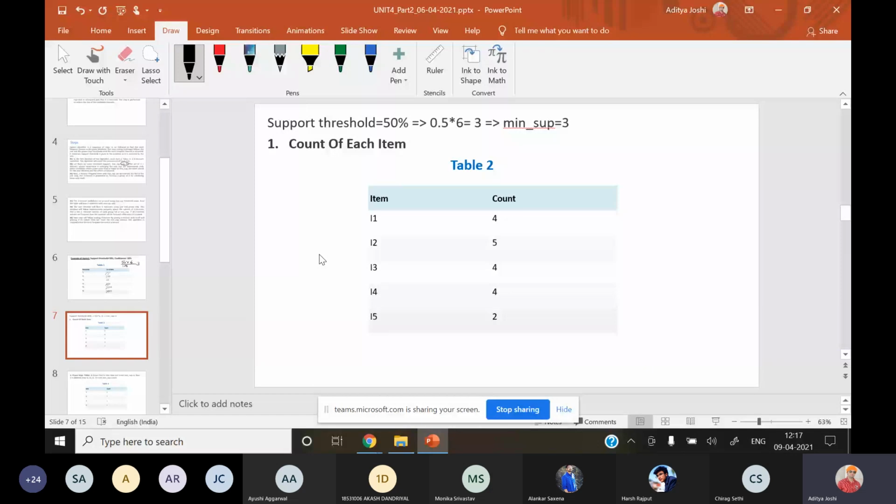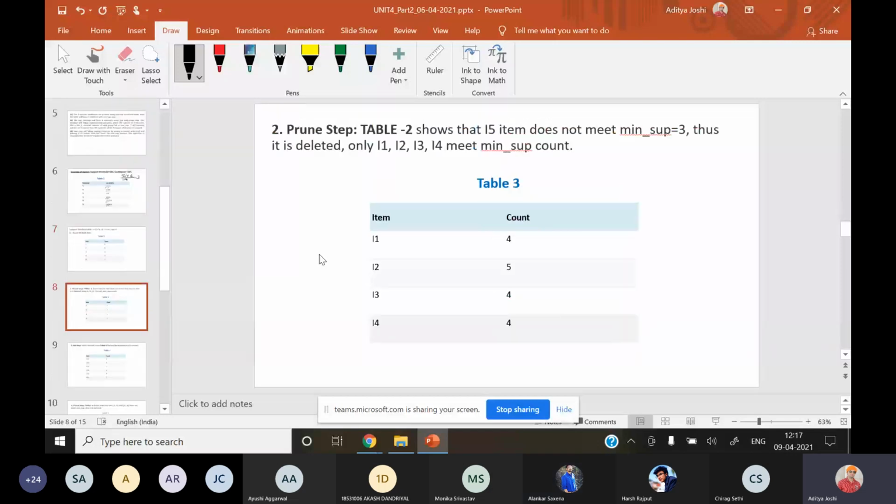It means we will check if any item is less than this minimum support value, then we will remove that item, right? So which item is less than the minimum support value? I5. I5 is less than the minimum support value. So in the next step, we will remove that item, right? Table 2 shows that the I5 item does not meet the minimum support, which is 3.